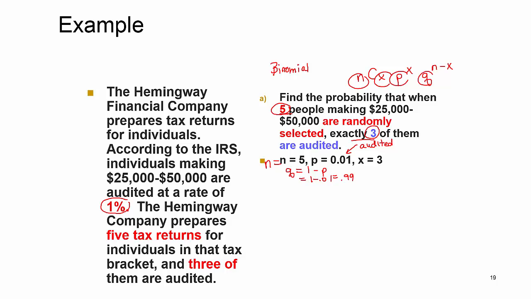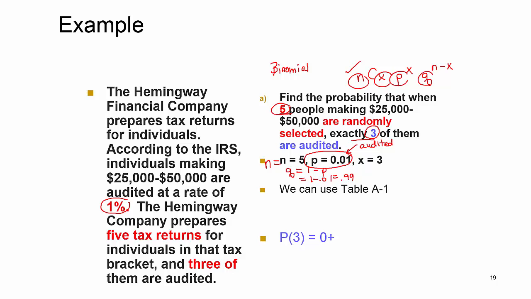So do I have to use this formula here? Well, if I can look it up in table A1, I will, because that's quicker. And so I just need to see if this probability of 0.01 is listed in table A1. And it is. So I'm going to look these answers up in table A1 instead of using the binomial formula for it.